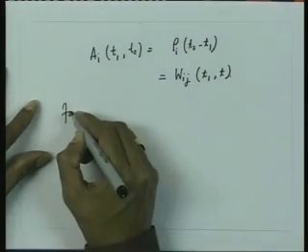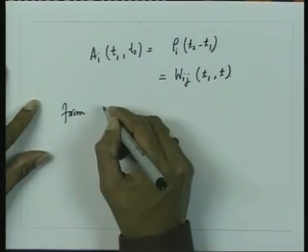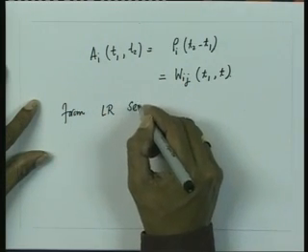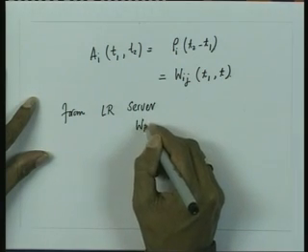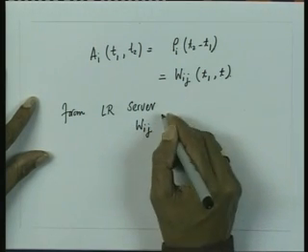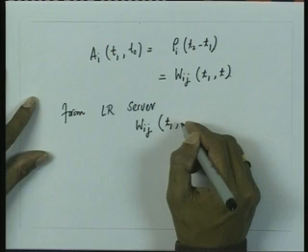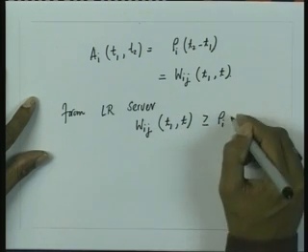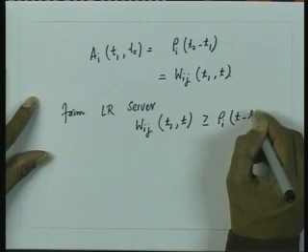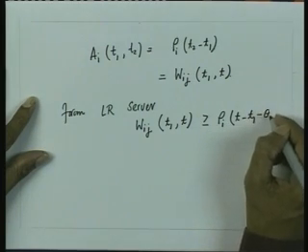But from the definition of the latency rate server, Wij(T1, T) is greater than or equal to rho I (T minus T1 minus theta I).